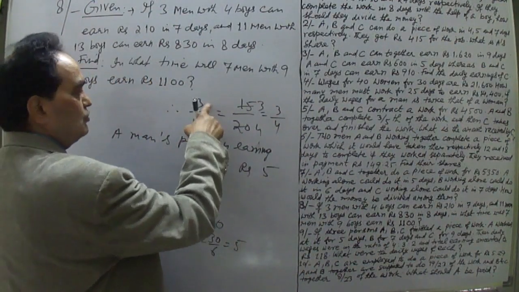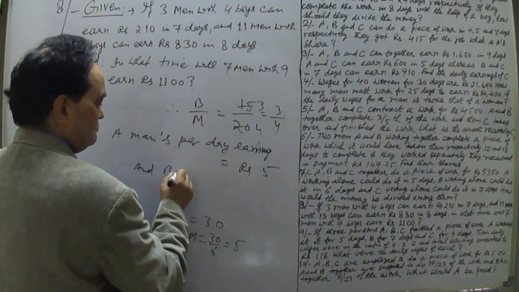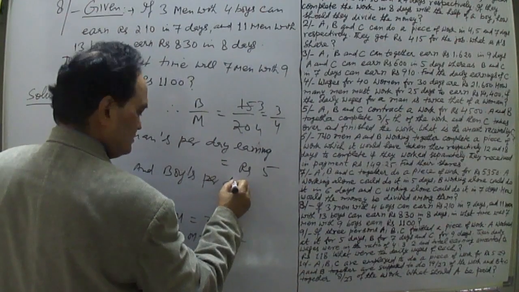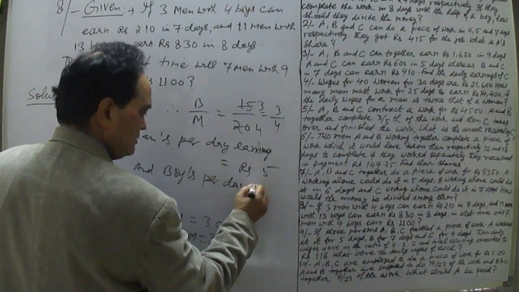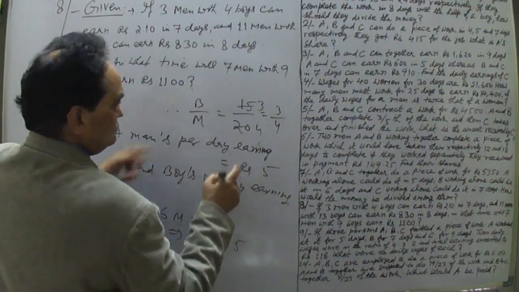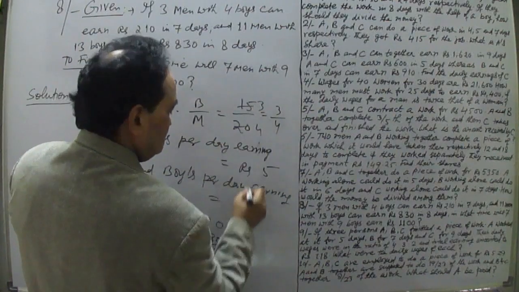And boy's per day earning or daily earning is equal to 3 upon 4, because boy equal to m into 3 upon 4.